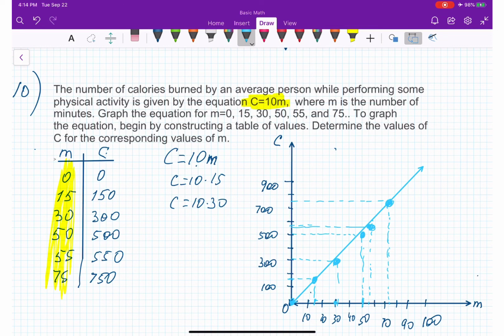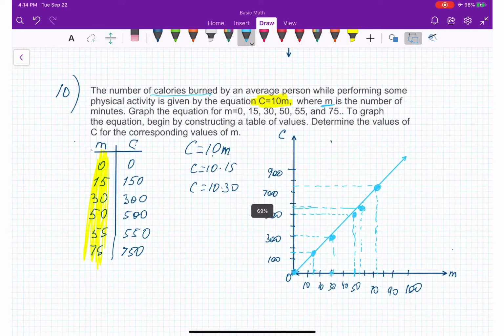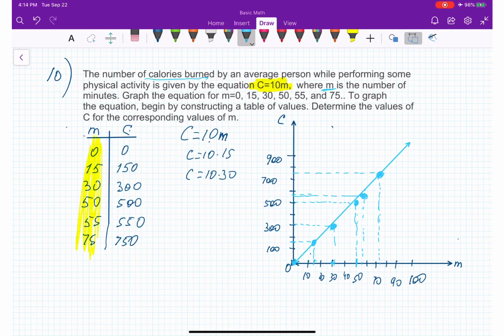Because M is the number of minutes that person exercises, and C is the burned calories. So the longer you exercise, the more calories you burn. That's the bottom line.